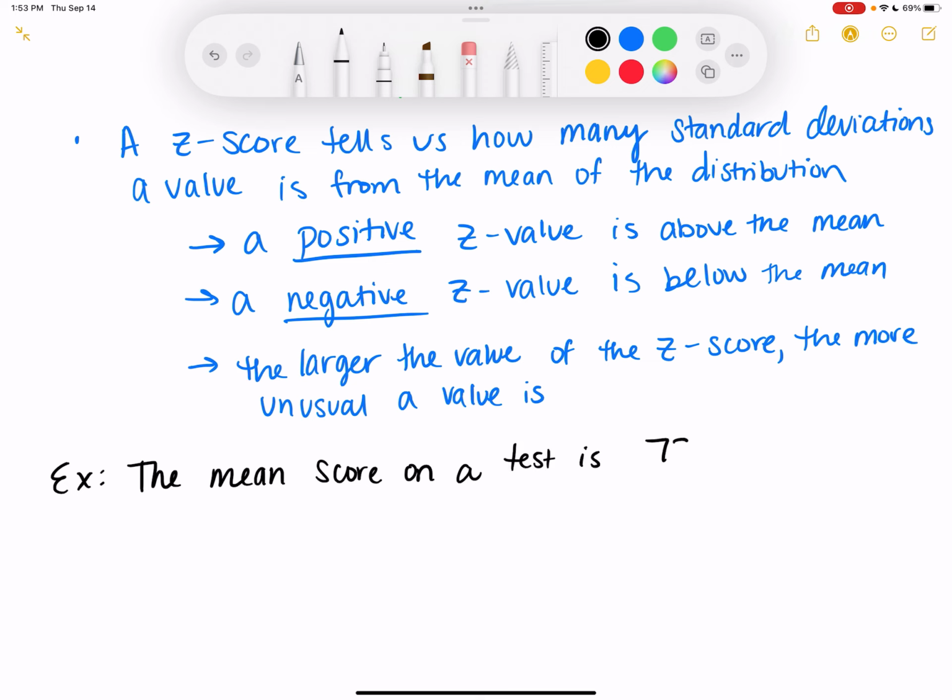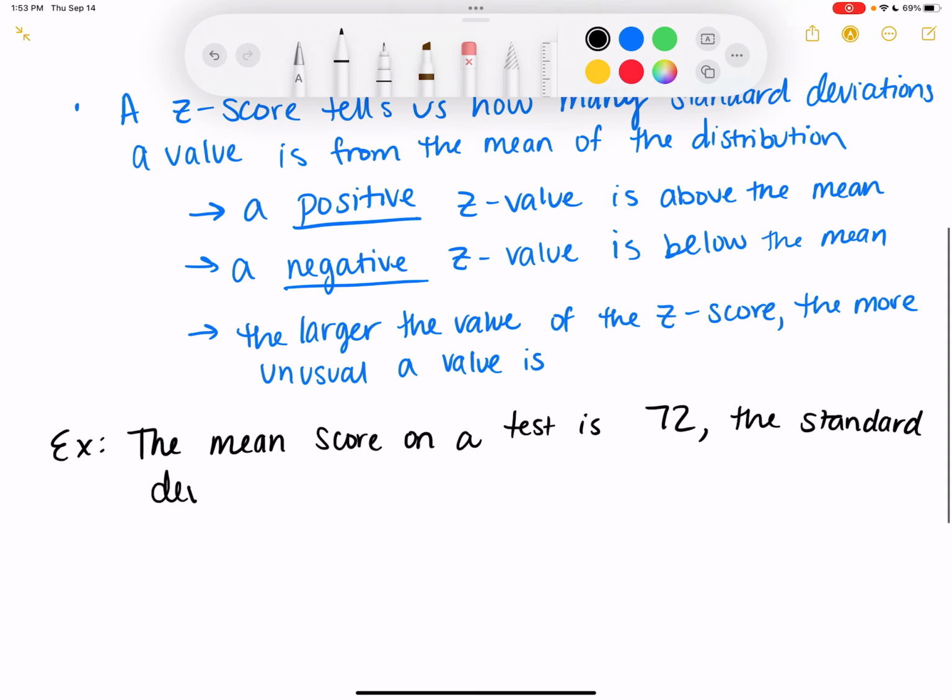The mean score on a test is 72. The standard deviation of scores is 4 points.